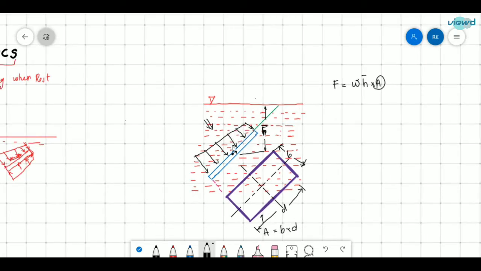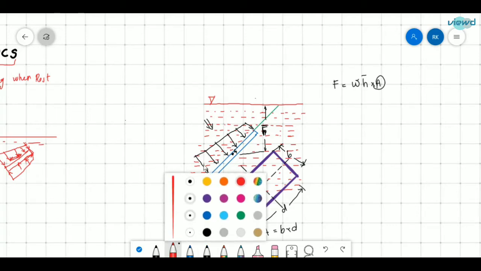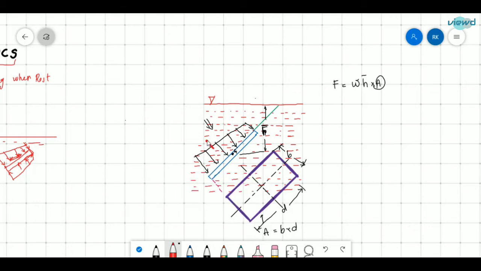And where will be the effect of this force acting? That will be acting at a point below the center of gravity. This is the force that is acting, and this force is equal to w A h bar. So the force acting is given by this h bar, but the point where it acts, the effect will be somewhere here below the center of gravity.